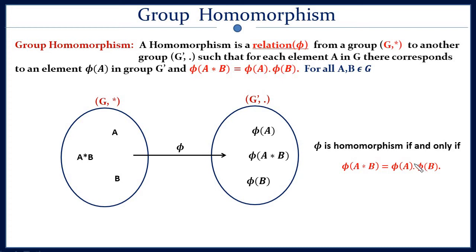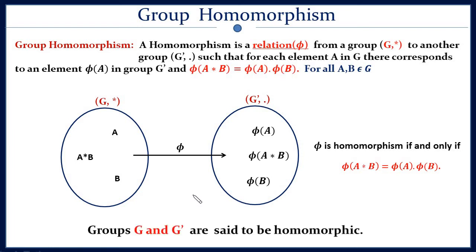This dot is the binary operation for this group G prime. So if I give you a relation between two groups, and then I say just prove that this relation is a homomorphism, then you just have to prove this condition. Okay, if a homomorphism exists between two groups, then these two groups are called homomorphic. Therefore we can say group G and G prime are homomorphic.